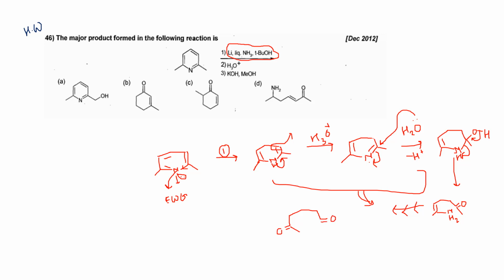Now see, at the third step they have again added KOH methanol. Whenever you see KOH methanol and a diketone system is there, what will you try for? Obviously aldol condensation.